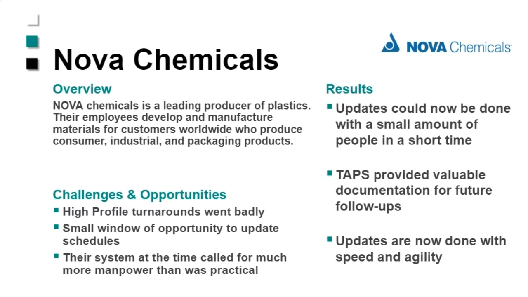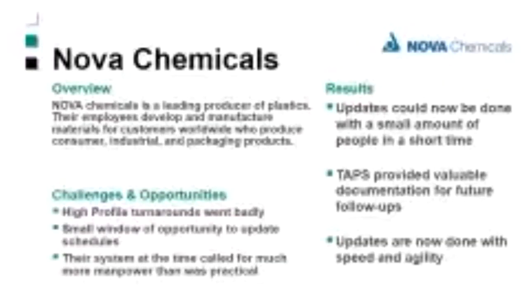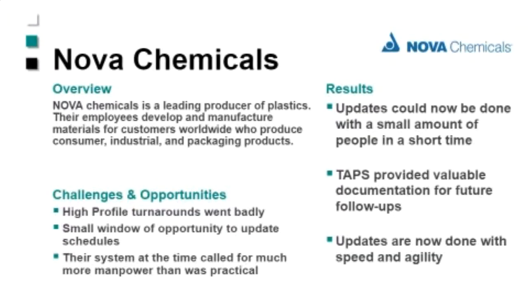As a result, one of the things they did was purchase several Emerald tools, and that would be TAPS, as well as the P6 loader tool that I mentioned earlier. Now they use these tools extensively to ensure that their turnarounds are successful. So we've had a couple of really great case studies for TAPS.